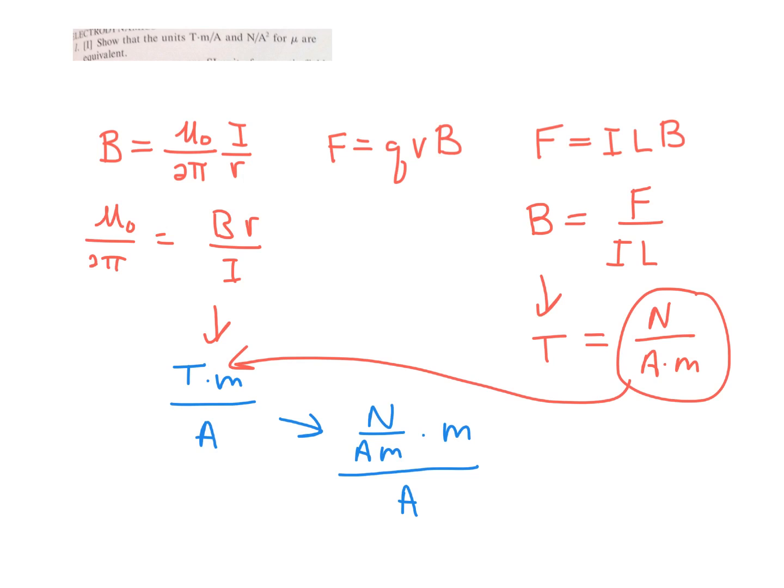So what happens here is you get meters canceling out, and you have a Newton per amp divided by amp, and that is a Newton per amp squared, which is what we wanted to show you. I have kind of an awkward progression here, but that is what we wanted to show, that that is a Newton per amp squared.